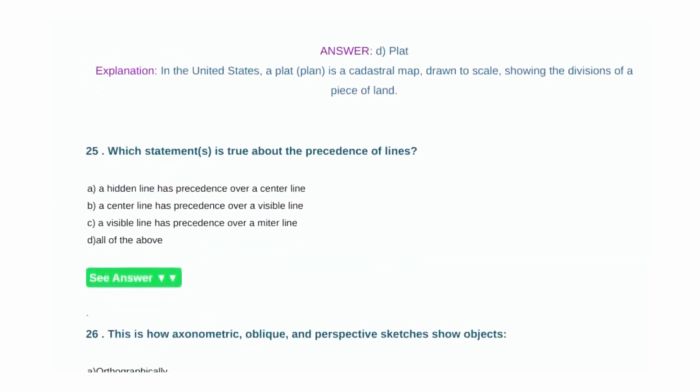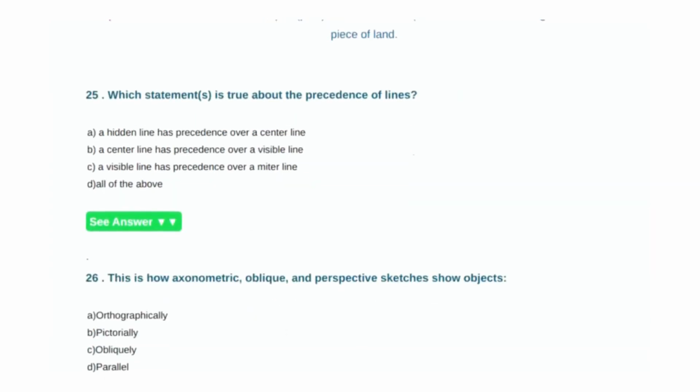Which statement is correct about the precedence of lines? A hidden line has precedence over a center line.